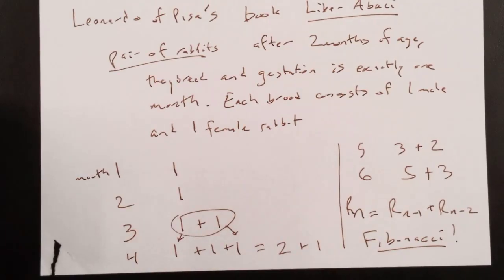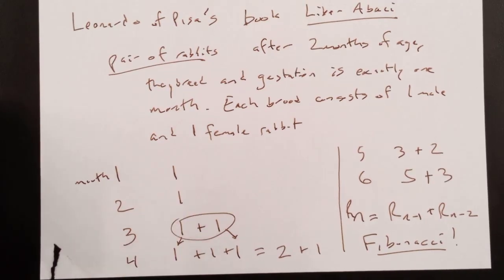And if I write it in this recurrence format, I end up with a statement that says, at 1 month, I have 1. At 2 months, I have 1. And for every month bigger than 2, I can use this.